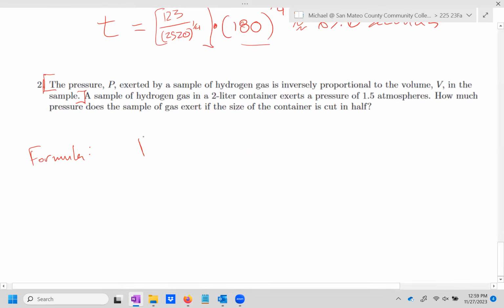So we have a P. We have a V. We actually did this one already. It's equal to that.